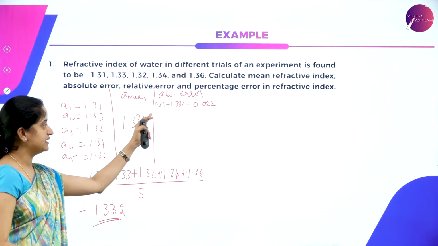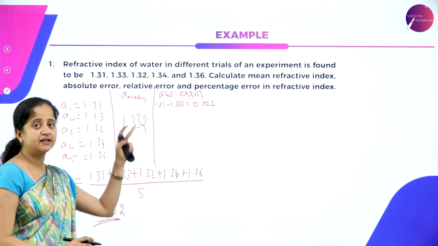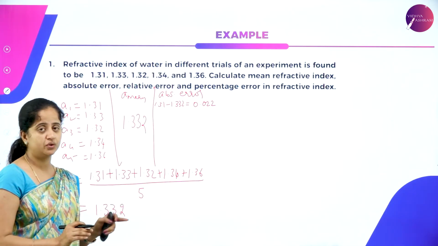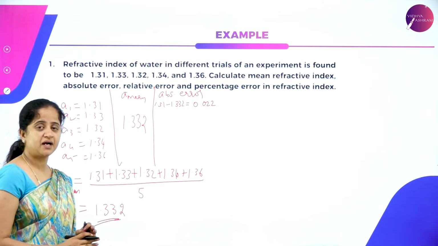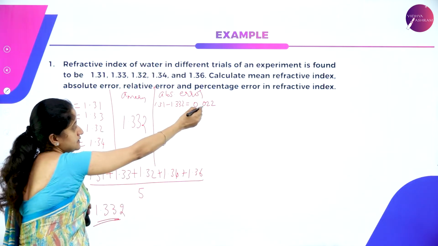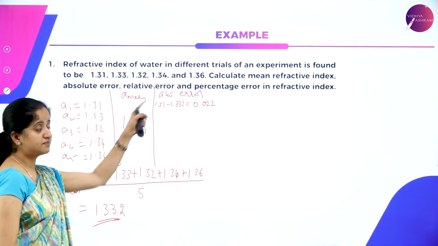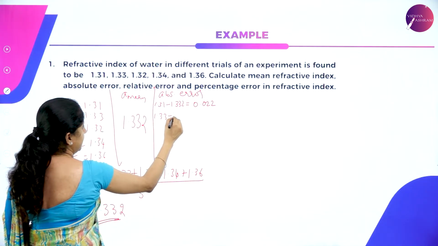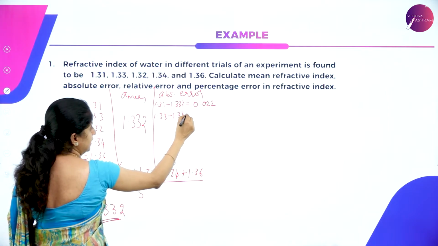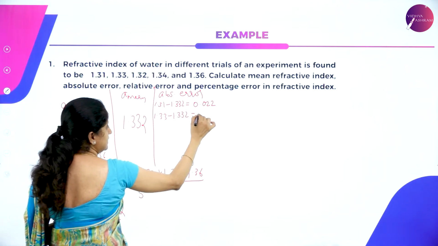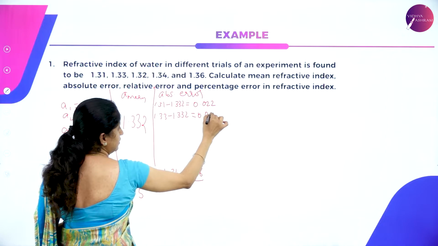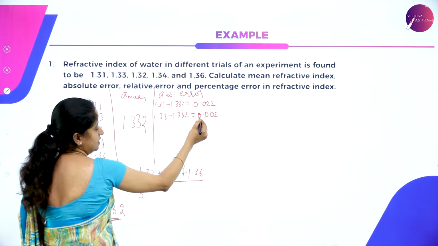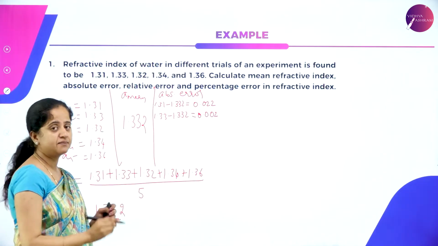Since 1.31 is less than 1.332, we will get minus 0.022. Here we consider only the magnitude, and hence I am writing 0.022. That is the absolute error. Next we have 1.33 minus 1.332, and the difference we get is 0.002. Here 0.002 is the absolute error.